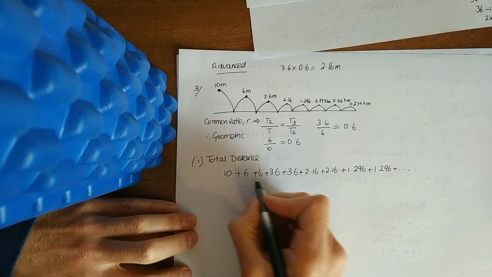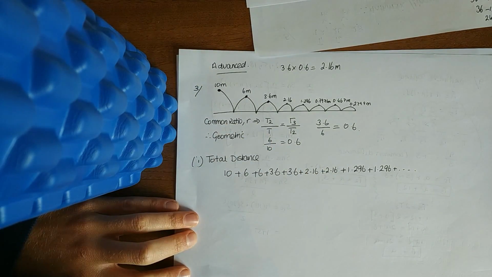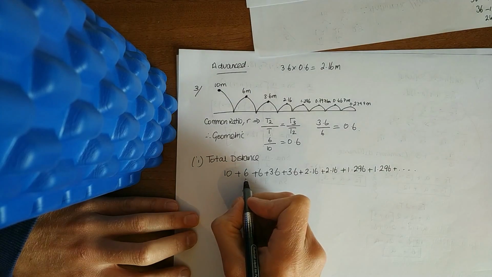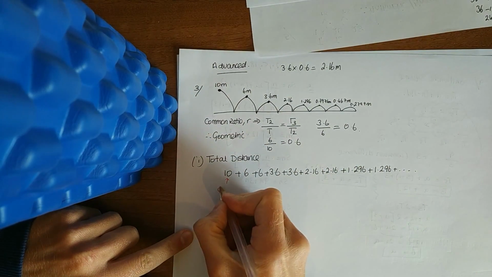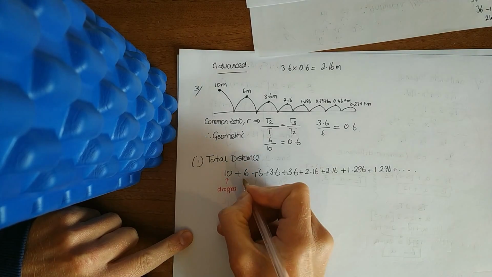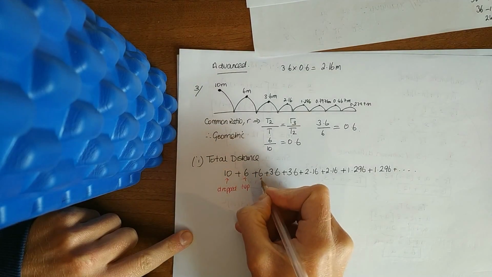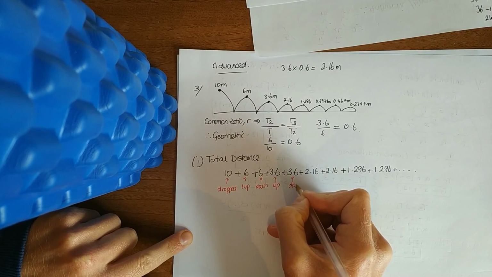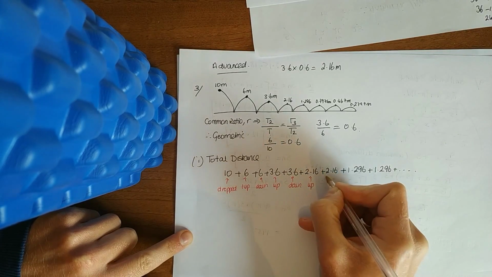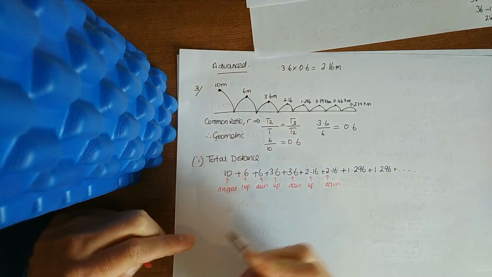So a series of numbers. There is a tidier way to write that. If you look, there's 2 of each of these. So this is the initial height from where it was dropped, and then I went up, then I went down that height, up, down, up, down, and so on.